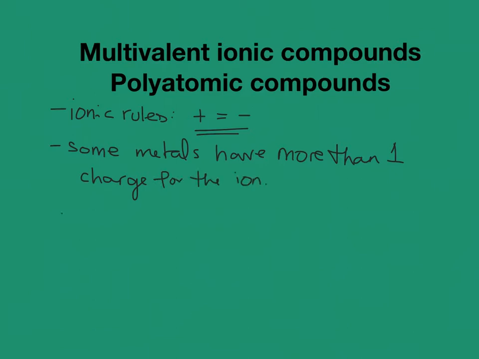As an example, if you go to the periodic table of ions and look up iron, it exists in nature as two different ions. It can be either the Fe2+ ion, or it can be Fe3+. And they behave differently with the negative ions depending on what's happening. So when you're writing names for the ionic compounds, we need to know which is which.